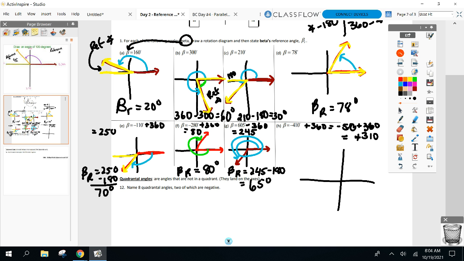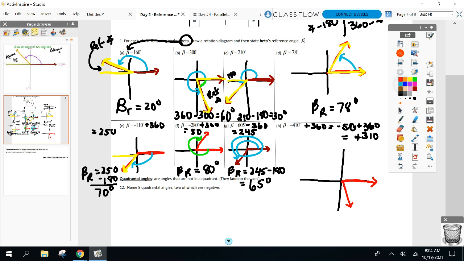What quadrant am I in? 4. So that's 50 away. So it's probably closer to 270, I think, right? 310 to 270 is 40 away, and it's 50 away from 360, so yeah.